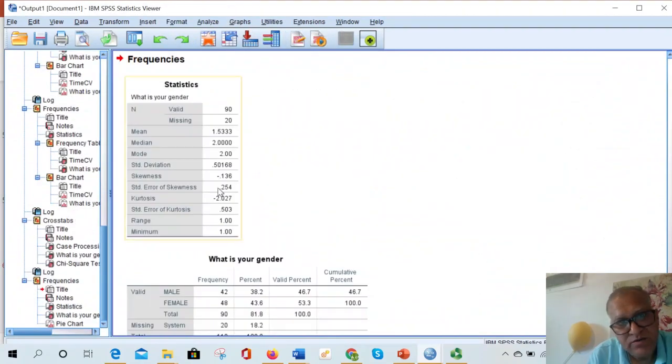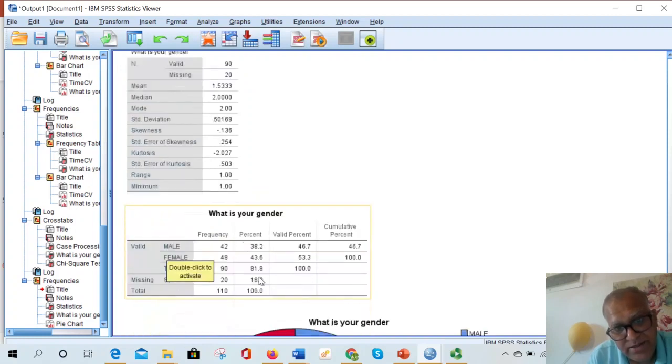So here's the result. Gender wise, the mean is 1.53, median 2, mode 2, standard deviation 0.5, skewness minus 0.38, and here is the percentage.